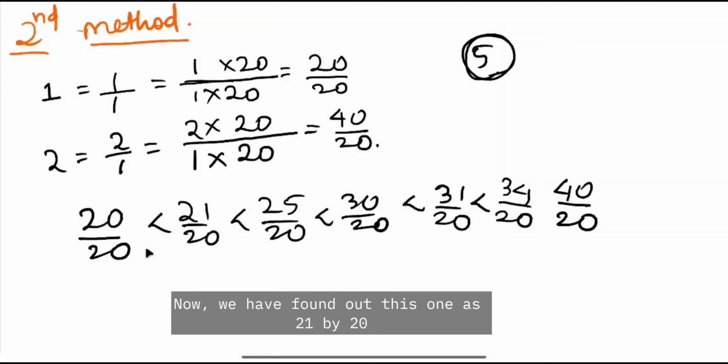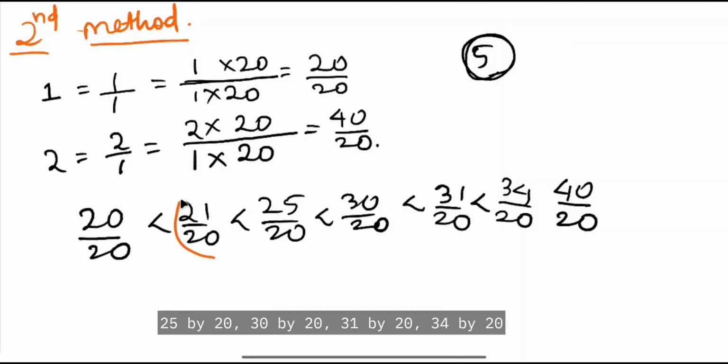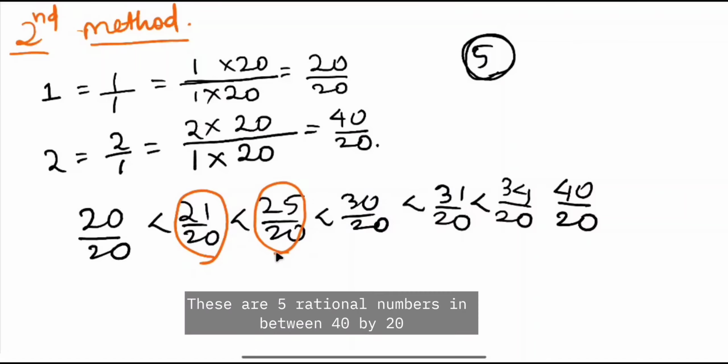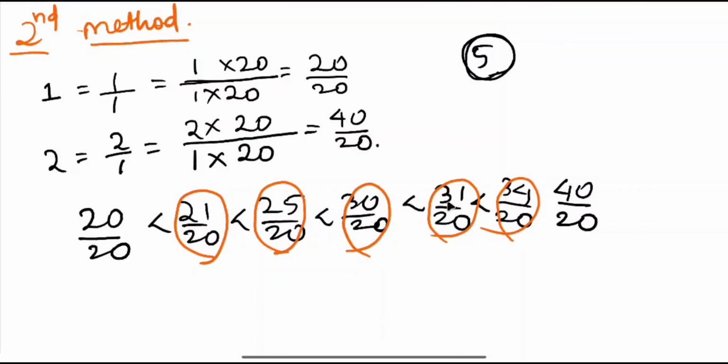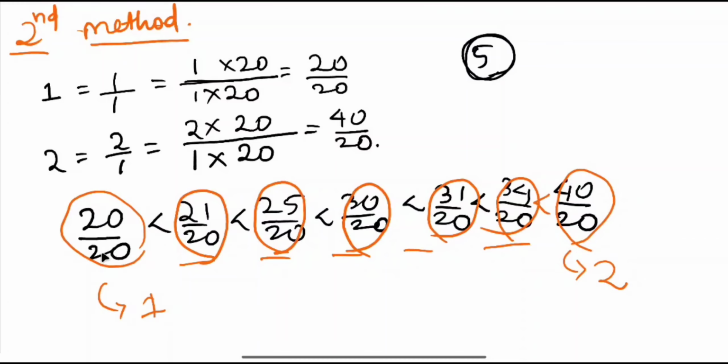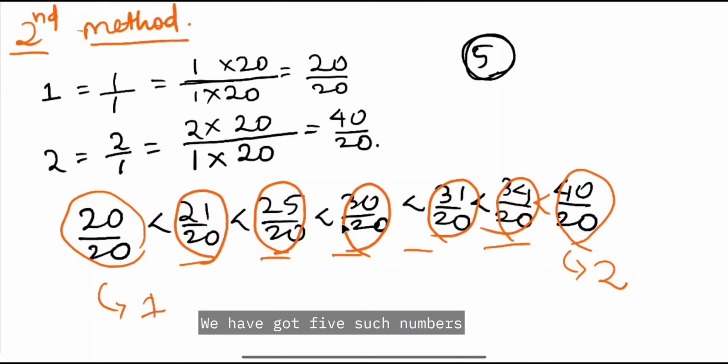Now we have found 21 by 20, 25 by 20, 30 by 20, 31 by 20, 34 by 20. These are 5 rational numbers in between 20 by 20 and 40 by 20, that means between 1 and 2. Clear? We have got 5 such numbers.